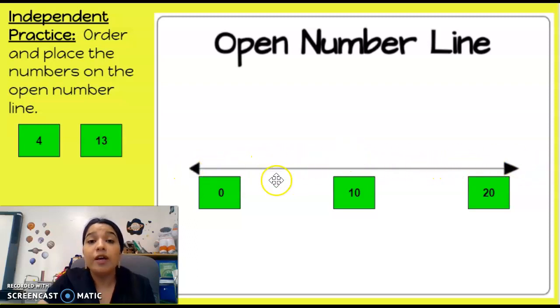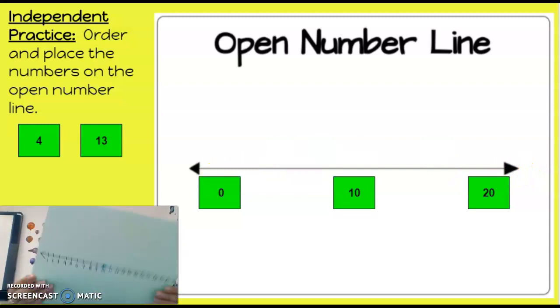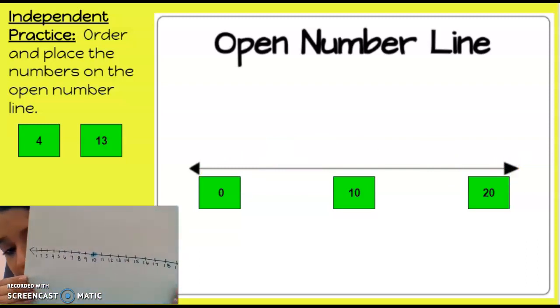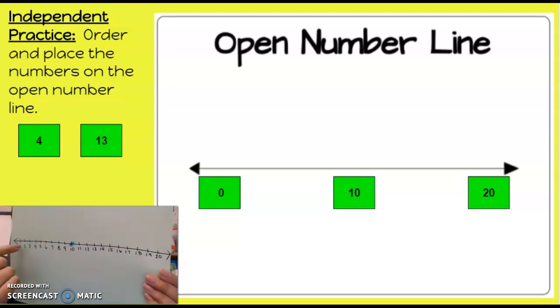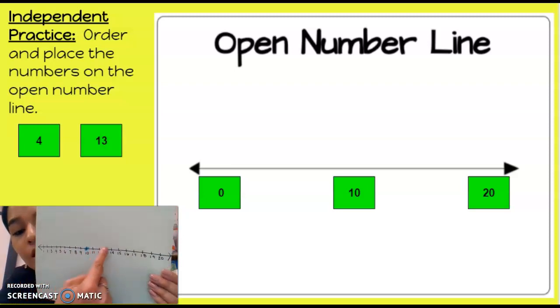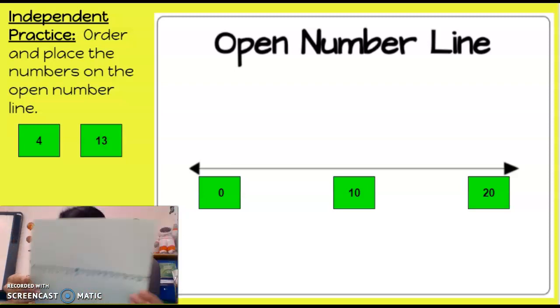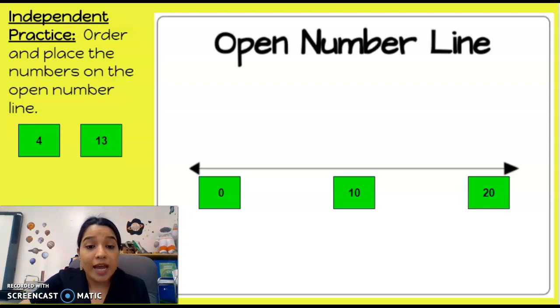On the left, the numbers get smaller, and on the right, the numbers get bigger. If you take a look at this number line, we can see that 1 is over here, and then it goes all the way to 20. You're going to place 4 and 13 wherever they belong on the number line.